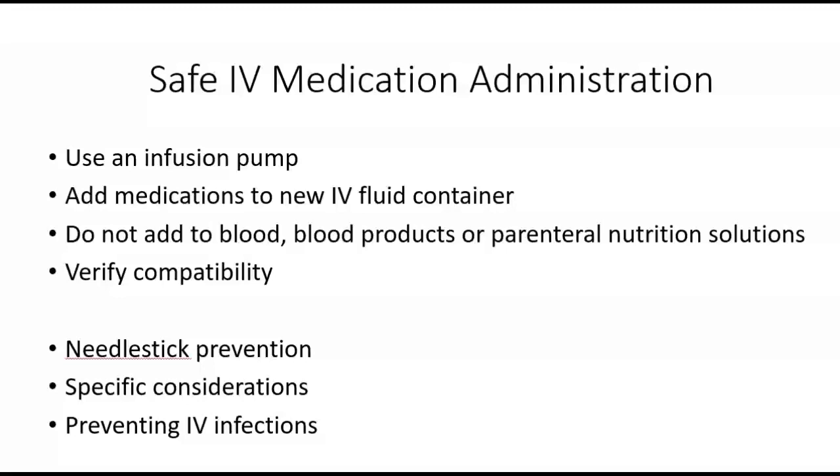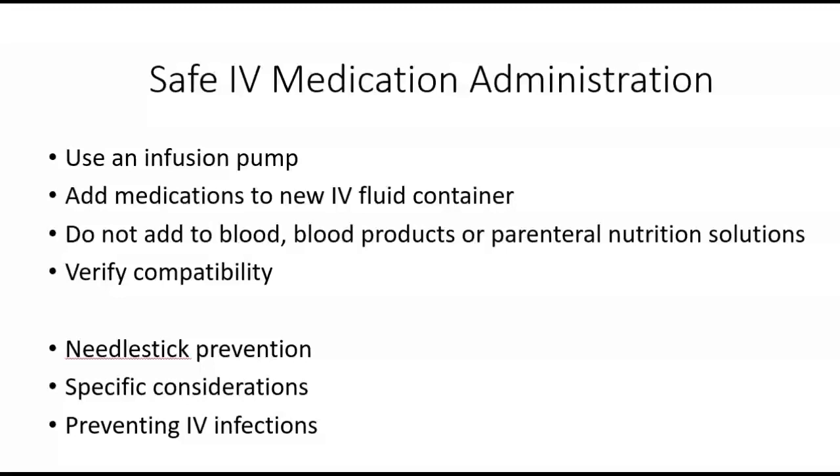In regards to preventing IV infections, we want to make sure we follow all the policies that are in place at your facility to prevent infection. So, we clean the skin prior to starting the IV. We would change tubing every so often, whatever your policy is, 72 hours, or whatever the policy may be at your facility.